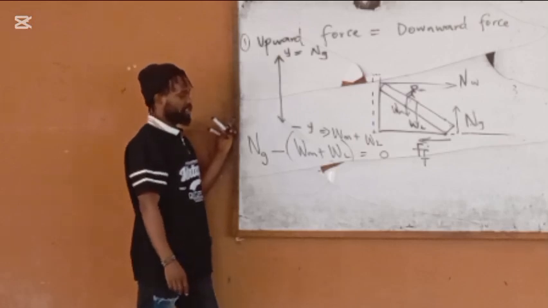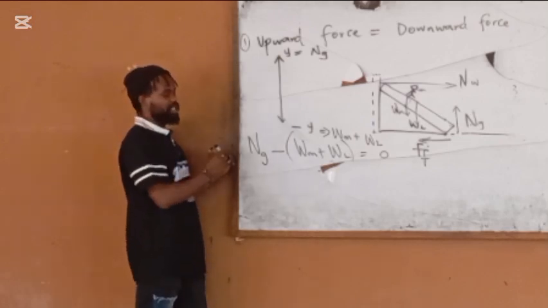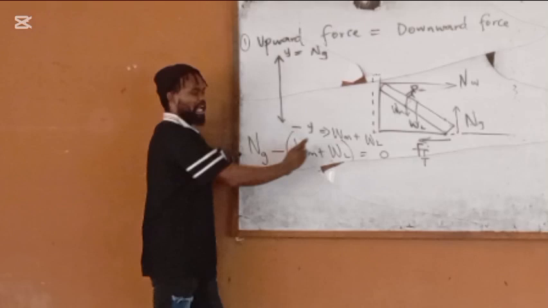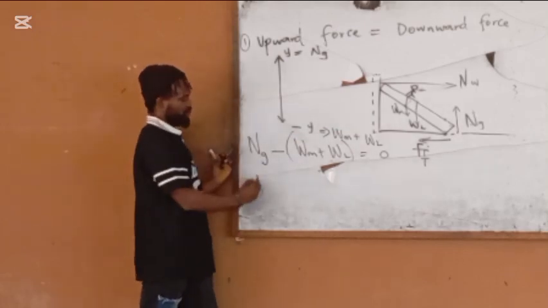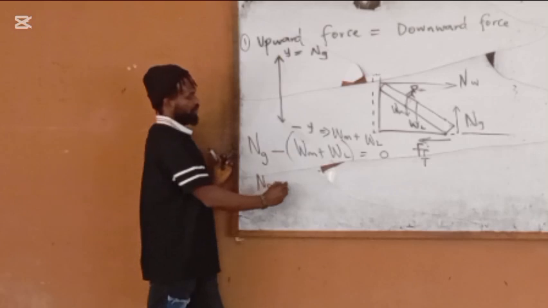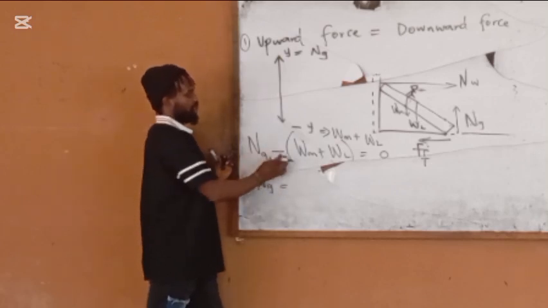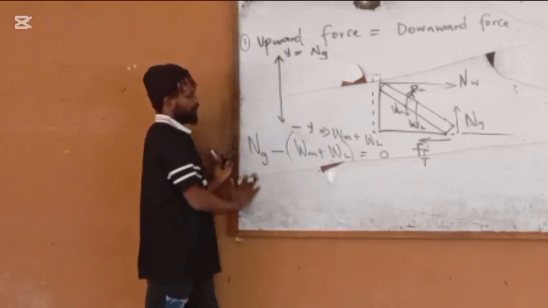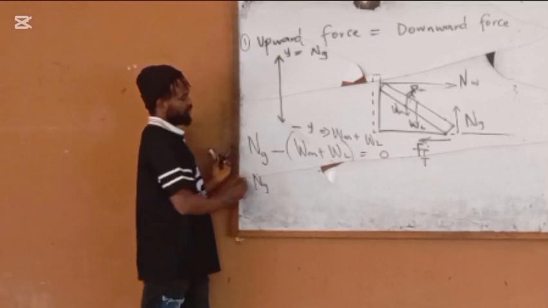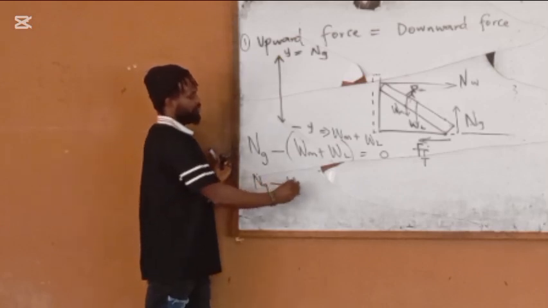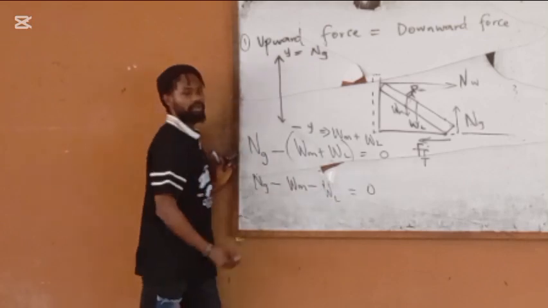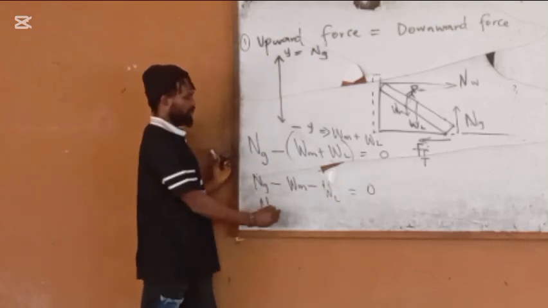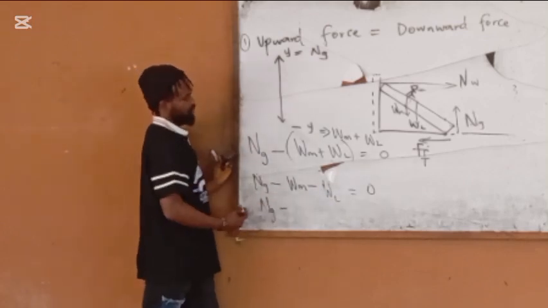Very important. That is why, normally, when we cross over, we do minus. So this now becomes Ng minus Wm minus Wl equals 0.